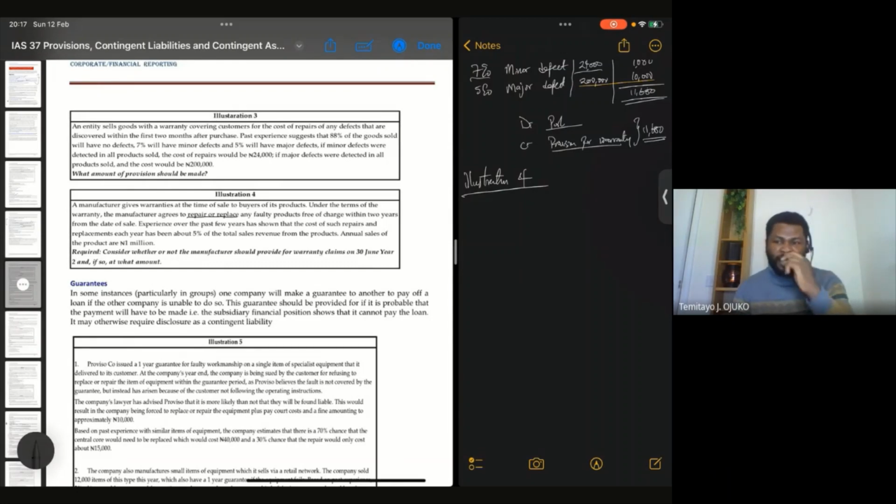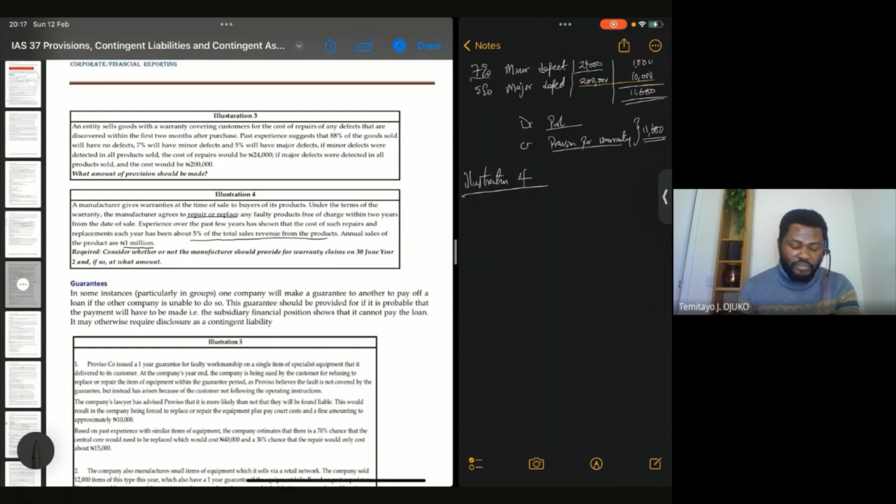So the warranty period is 2 years. Experience over the past few years has shown that the cost of such repairs and replacement each year has been 5% of the total sales revenue for the product. Annual sales is 1 million.